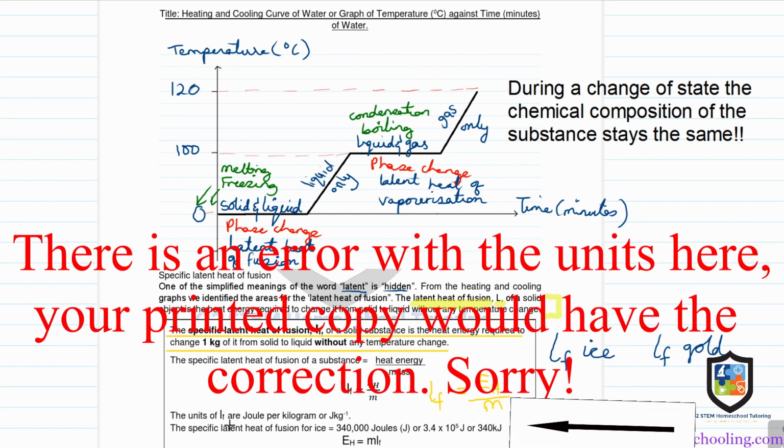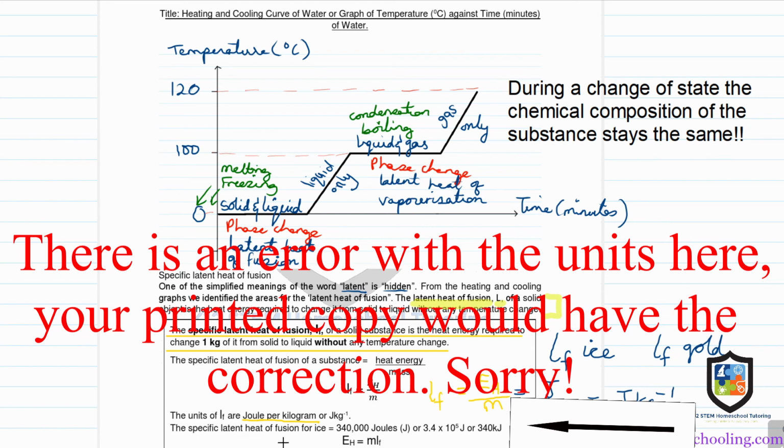Now the unit for the specific latent heat of fusion is joules per kilogram. Those are the units because the unit for energy is joules, and we are dividing joules by mass, and the unit for mass is kilogram. So we could write it like this, or we write it joules per kilogram.